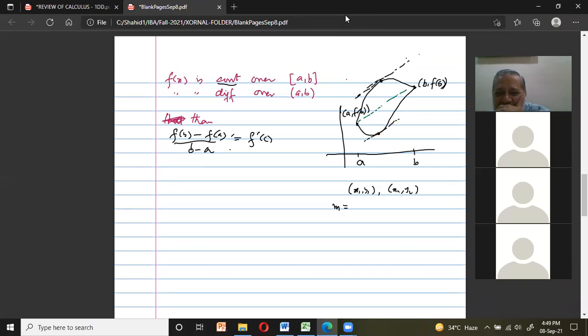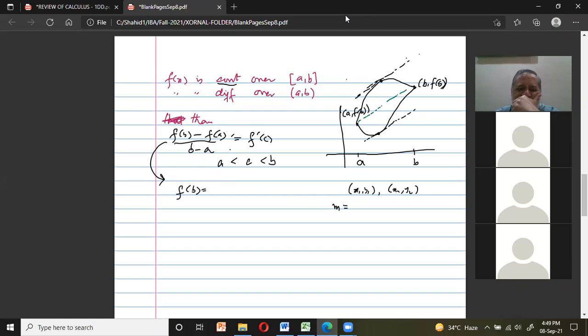Tangent here, this tangent line will be parallel to this line. So when the function is continuous and differentiable, between a and b a point will definitely be found where the tangent line will have the same slope as this line that joins the starting and the last point. And this can be written in different forms.